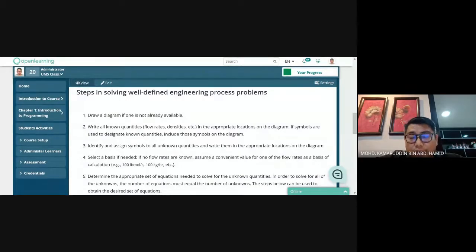For example, if your process is about a reactor, then we will give you at least some information about the reaction rate ataupun reaction equation, and also some information related to the reaction. For example, the combustion. Okay, that should be given. Otherwise, you need to find it from the literature, from Google, for example.